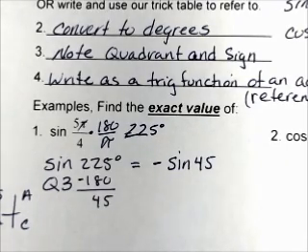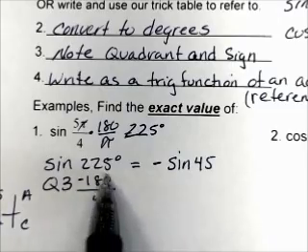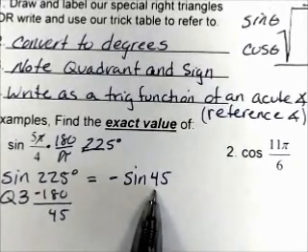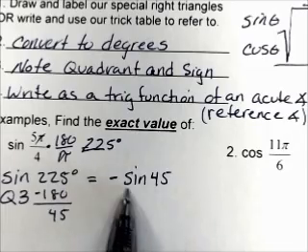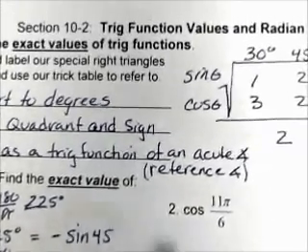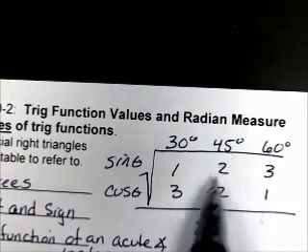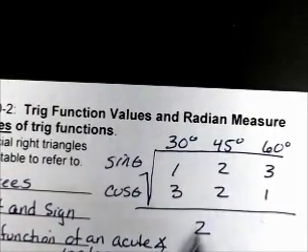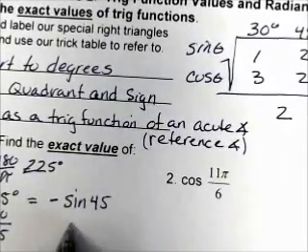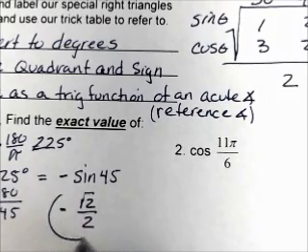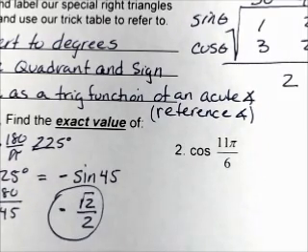Okay, so we have sine of 225 is equal to negative sine 45. Now that we have our acute angle, what is the sine of a 45 degree angle? We look up at our trig table. Sine of 45 is going to be square root of 2 over 2. So our answer is square root of 2 over 2. And let's bring down the negative. So negative square root of 2 over 2. That's our exact value.